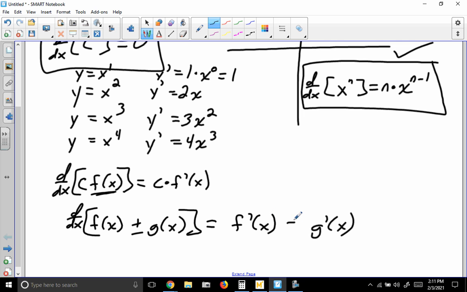If they're added, I add them, and if they're subtracted, I subtract them. So once we get more and more rules for taking derivatives, as our functions get more and more complicated, if we know how to take derivatives of individual pieces, then we can still get the derivatives of even more complicated functions.